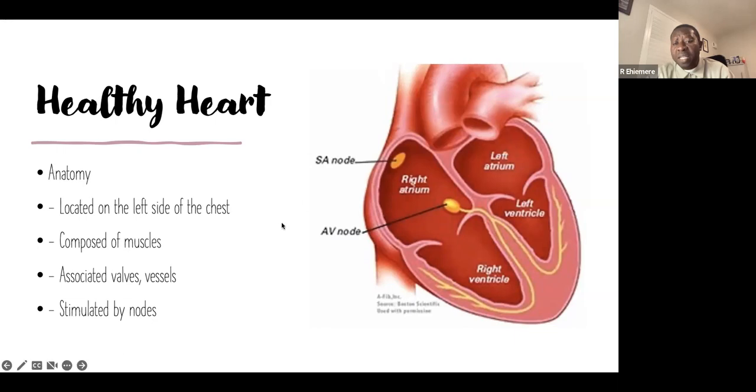So we mentioned the fact that it's made up of muscles. Coming into it and leaving it are what we call vessels, and they are called great vessels because they are different from the arteries and veins you and I have in our hands and legs and in our guts.